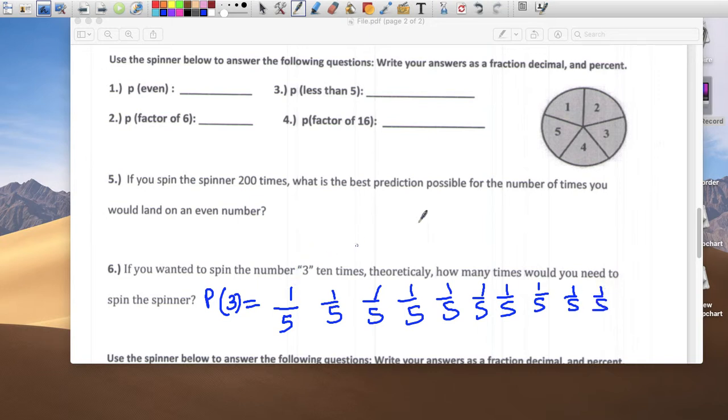So in order to get 10 of them to land on 3, let me rephrase that. If you wanted to have the spinner land on 3 10 times, you would have to do 10 times 5, so 50 times you would have to spin that spinner. Okay.